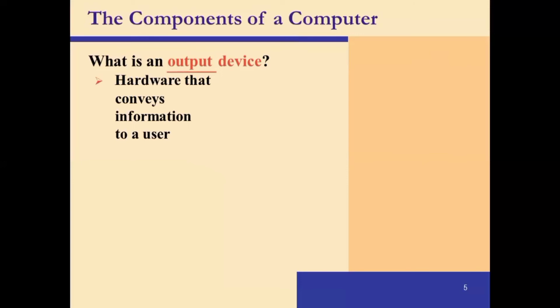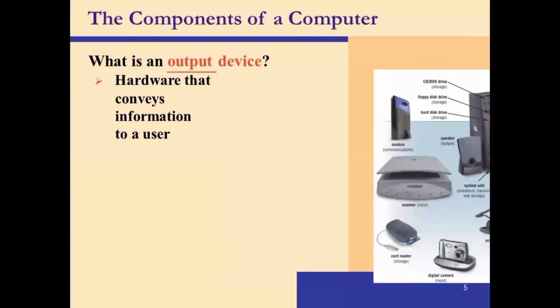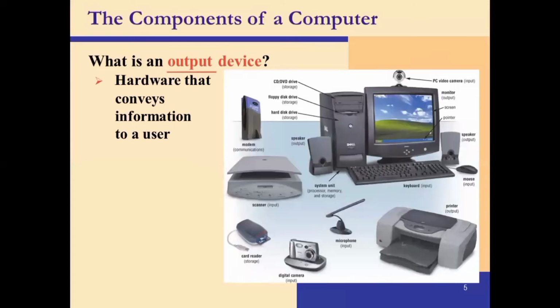Can you tell me which device you are sitting in front of, computer or laptop? Can you tell me which part of your computer is your output device? The screen. Okay. Where is the noise coming from?